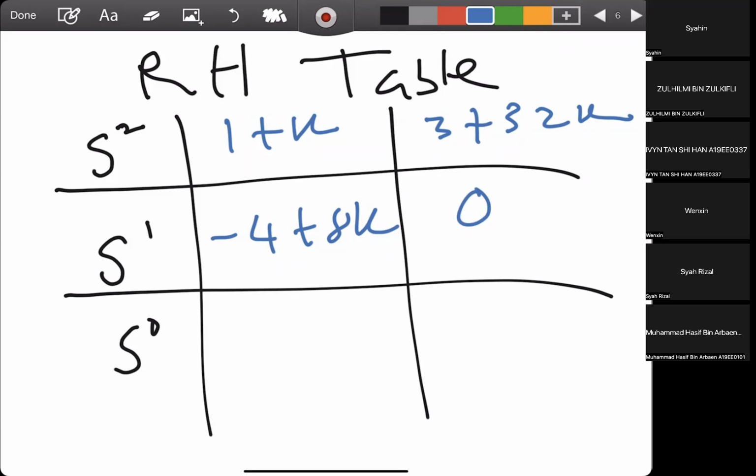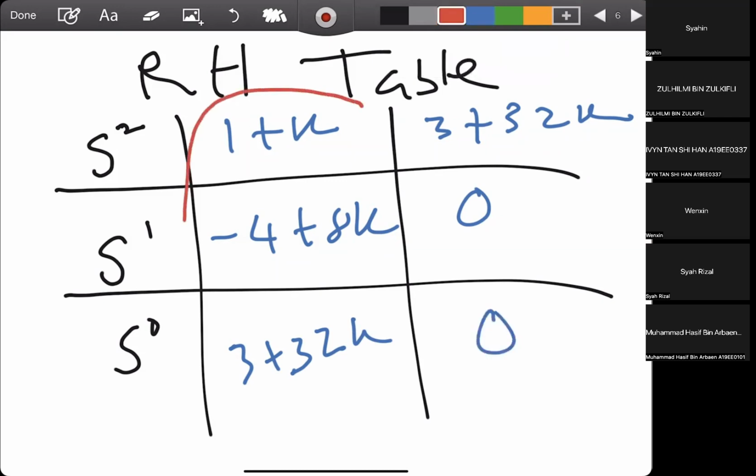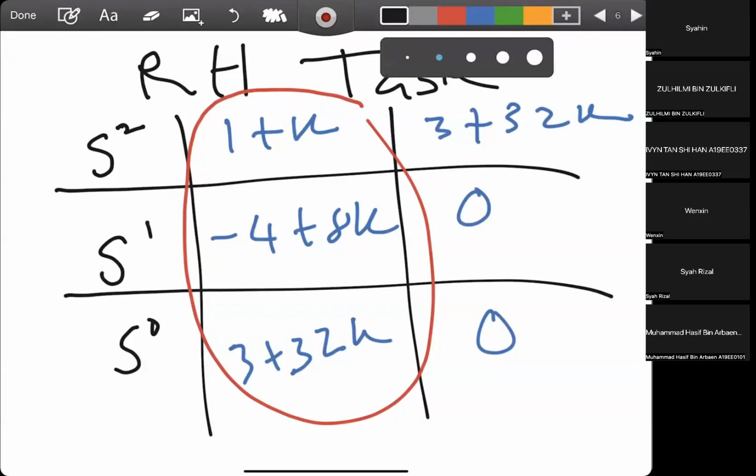Okay. If we simplify, what do we get? 3 plus 32K. Okay. So now we have the first column. Okay.